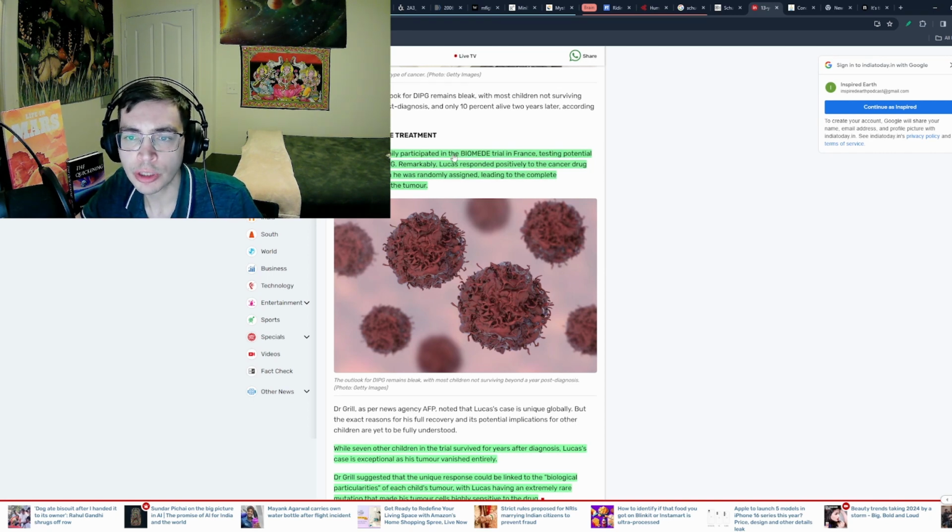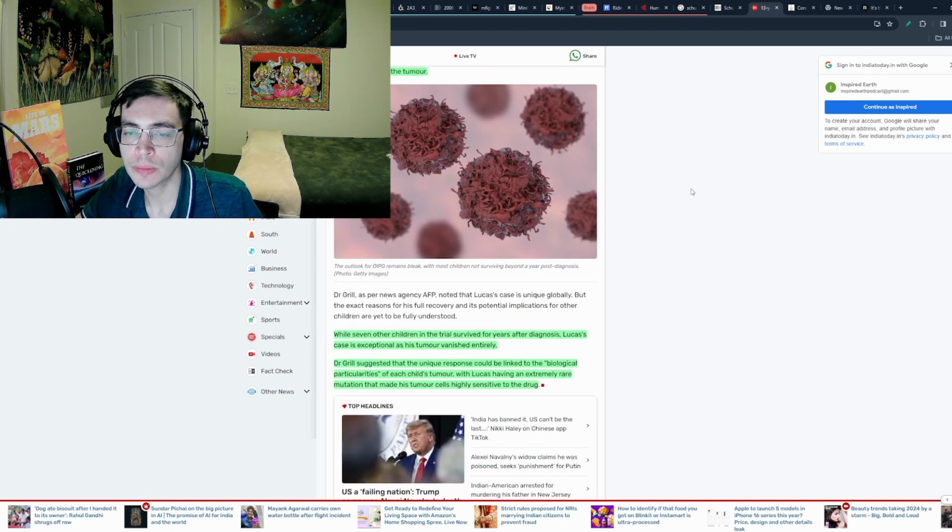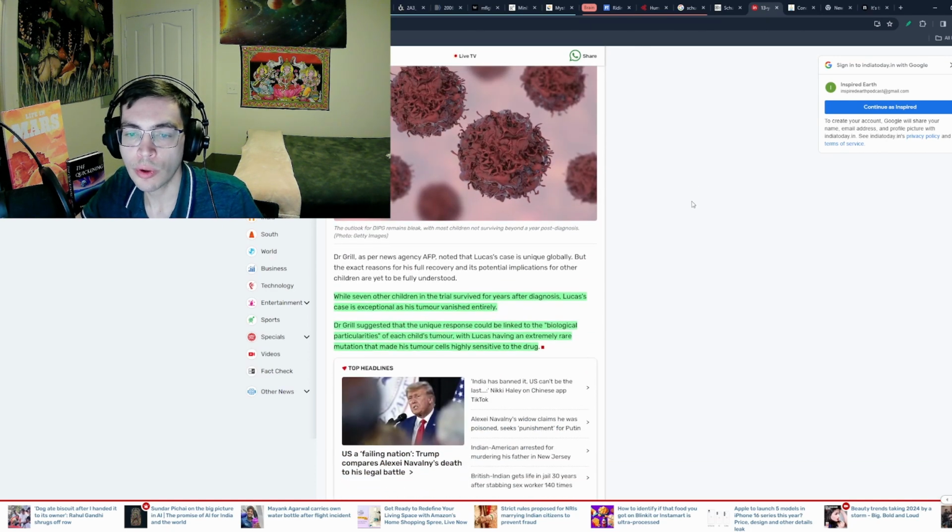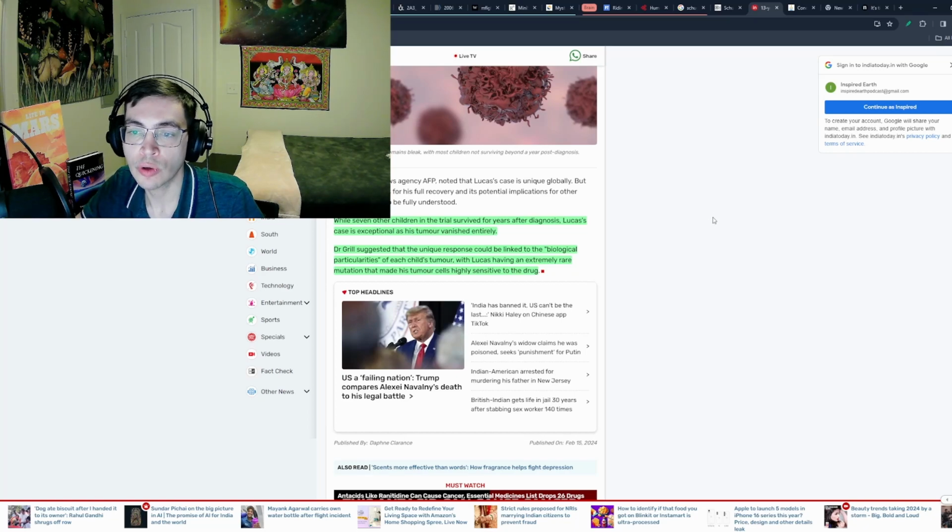Lucas and his family participated in the Biomed trial in France, testing potential new drugs for DIPG. Remarkably, Lucas responded positively to the cancer drug everolimus, which he was randomly assigned, leading to the complete disappearance of the tumor. While 7 other children in the trial survived for only a few years after the diagnosis, Lucas's case became exceptional as his tumor vanished entirely.